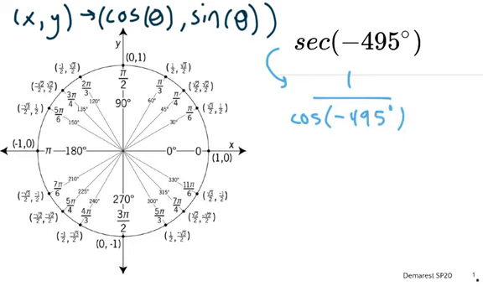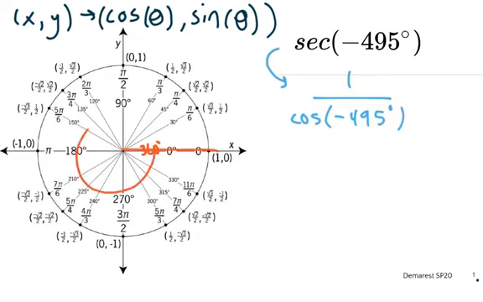So now this is great. We've got it in terms of cosine, but negative 495 degrees is not on my unit circle anywhere. My unit circle goes from 0 to 360 degrees. Technically, you could always graph it in standard position, and I'll do that real quick.